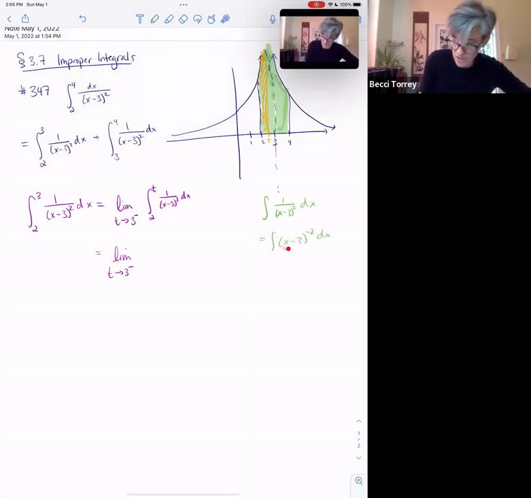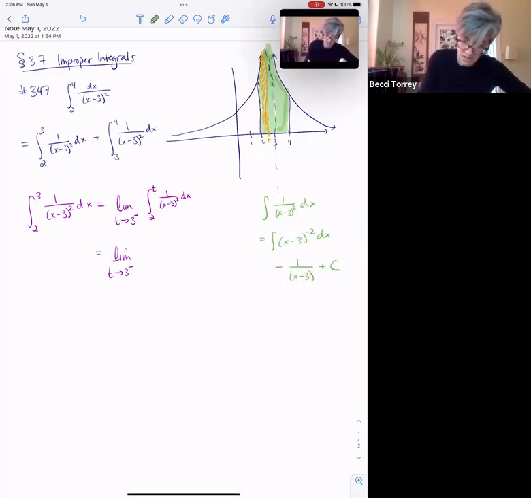Since it's just an x with the derivative of just 1, we don't really have to do a u substitution. We're taking the integral, so we add 1 and divide. So this is equal to minus 1 over (x minus 3), or (x minus 3) to the minus 1, so it goes to the denominator. In the general integral we would add a plus c. Here, we're going to use the fundamental theorem of calculus, so we don't have to worry about the plus c. So this is our integral.